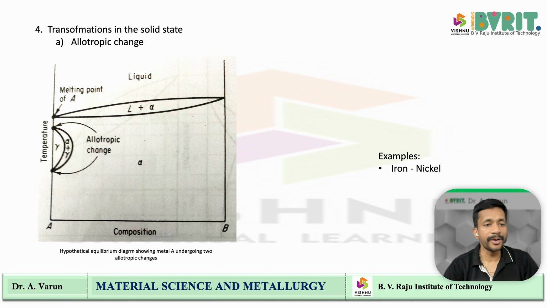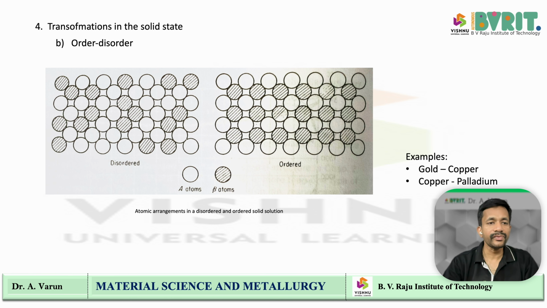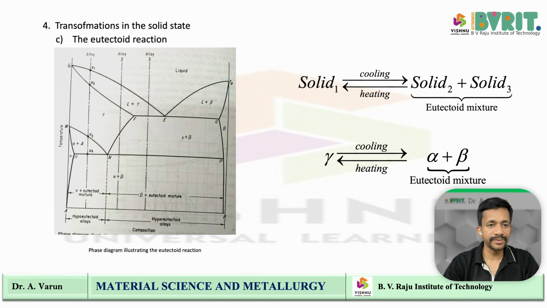We are going to have the same in iron, which also demonstrates different crystal structures like FCC, then BCC, and again FCC as the temperature drops. This transformation is also very popular in gold, copper, and palladium, wherein there may be an orderly arrangement or a disorderly arrangement.